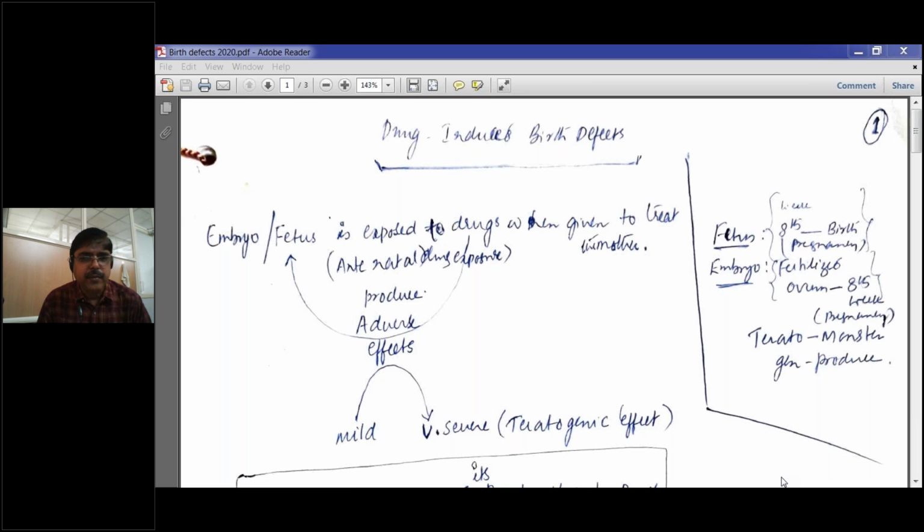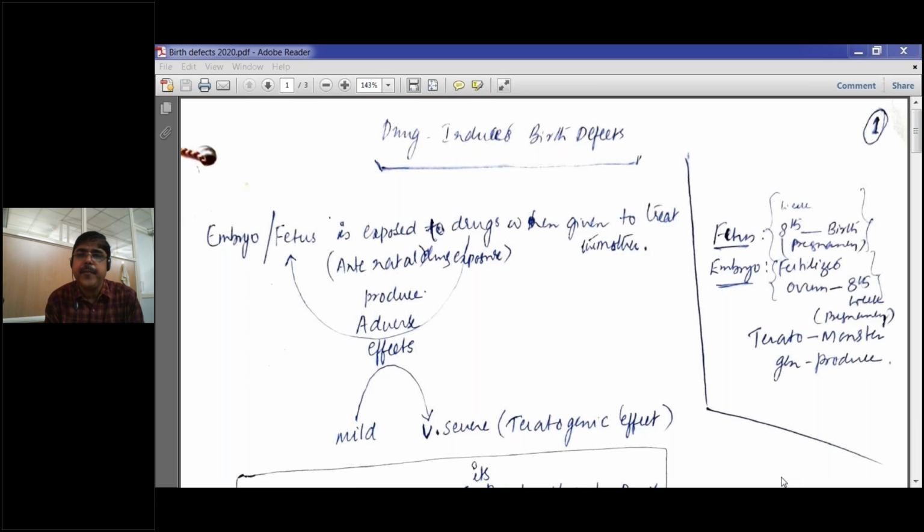So when a harmful effect, what we call adverse effects, is produced in the growing fetus, the severity can range from mild to very severe in nature.